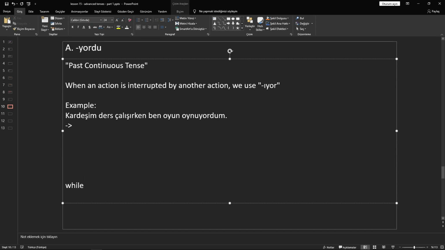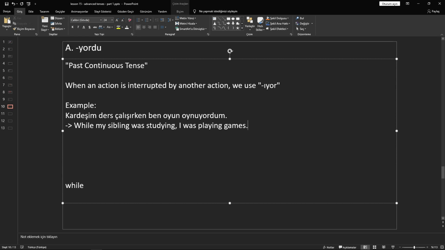So that means while my sibling, kardeş is sibling, is genderless. When my sibling ders çalışırken was studying, I was playing games. Ben oyun oynuyordum. I was playing games. So in this case, there's no interruption.